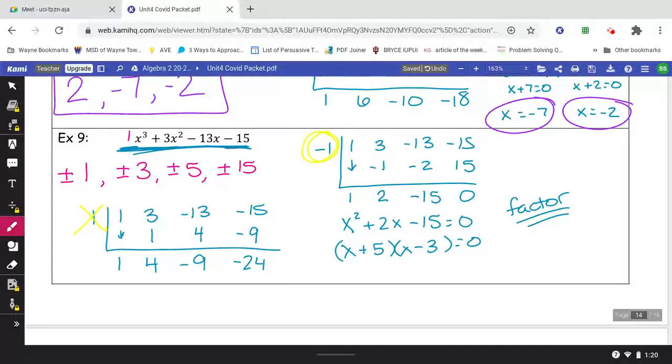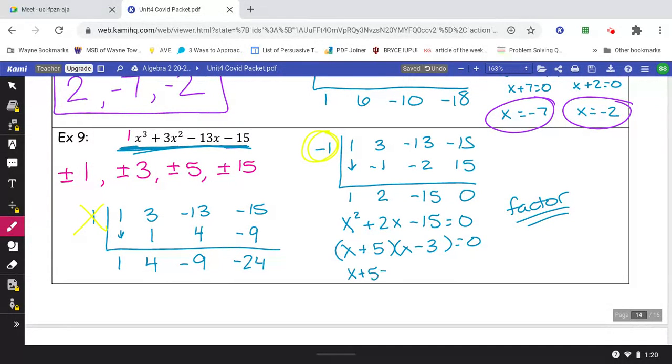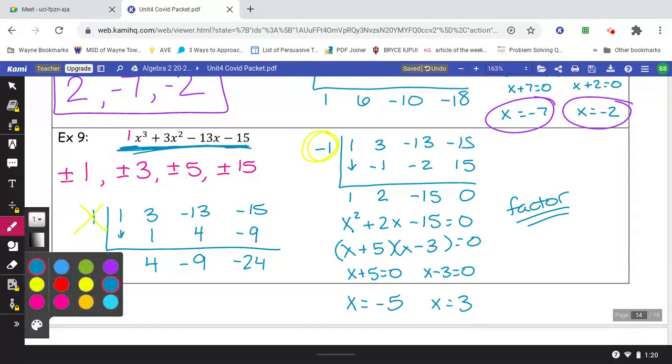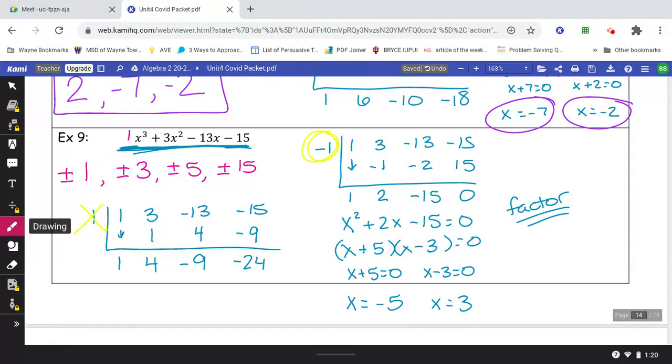Then I set those equal to 0 and solve them, resulting in a -5 and a +3. I can then write my final list of answers, -1, -5, and +3.